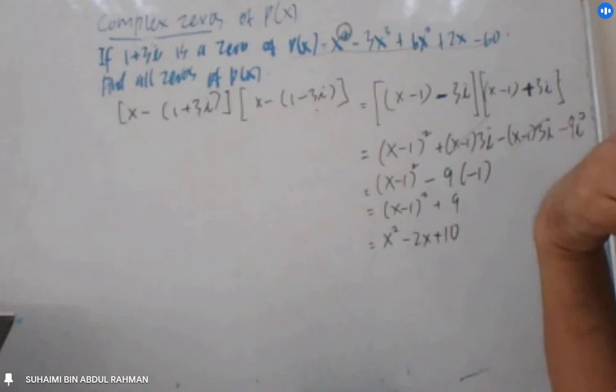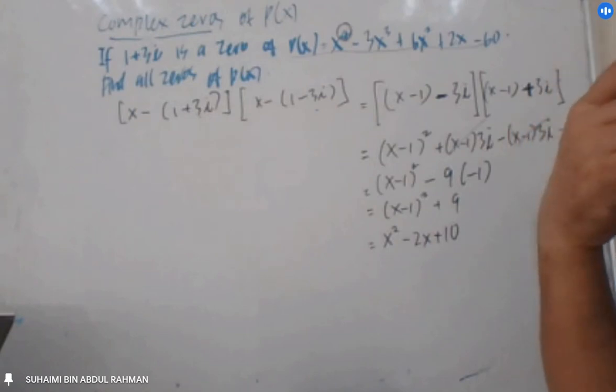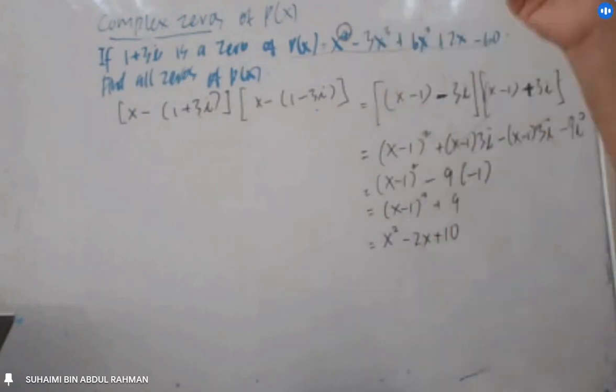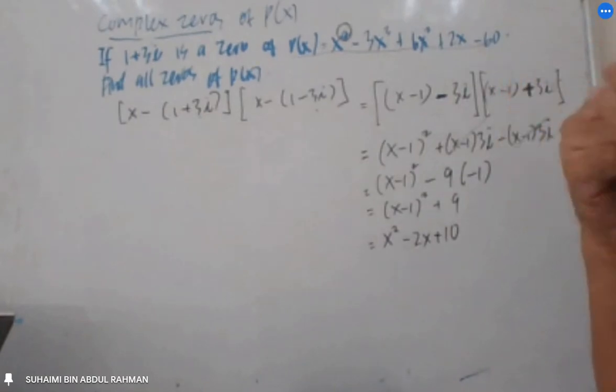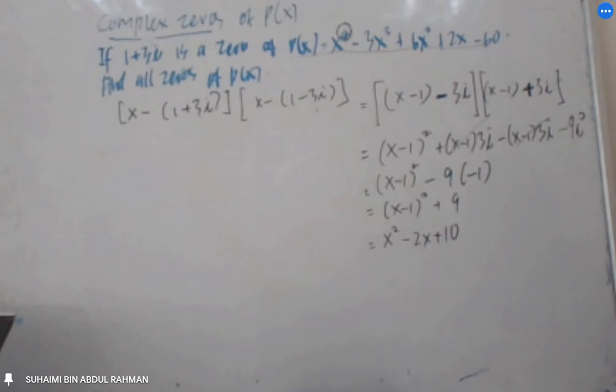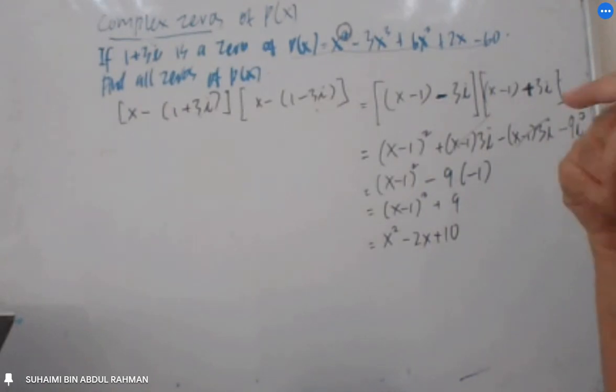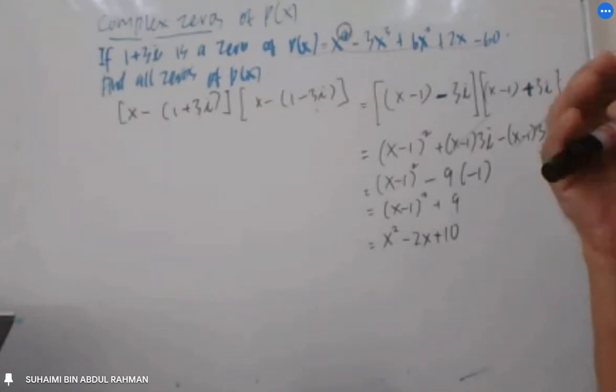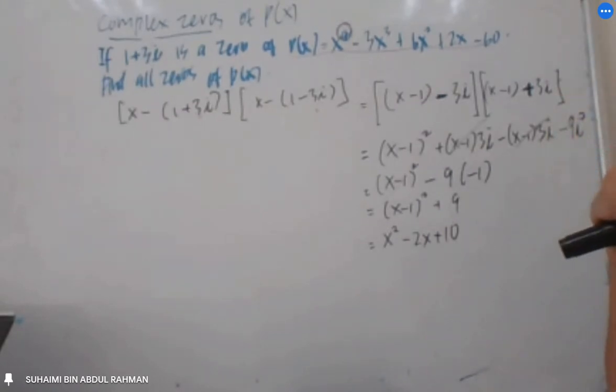Which division do we have to use in order to divide this?